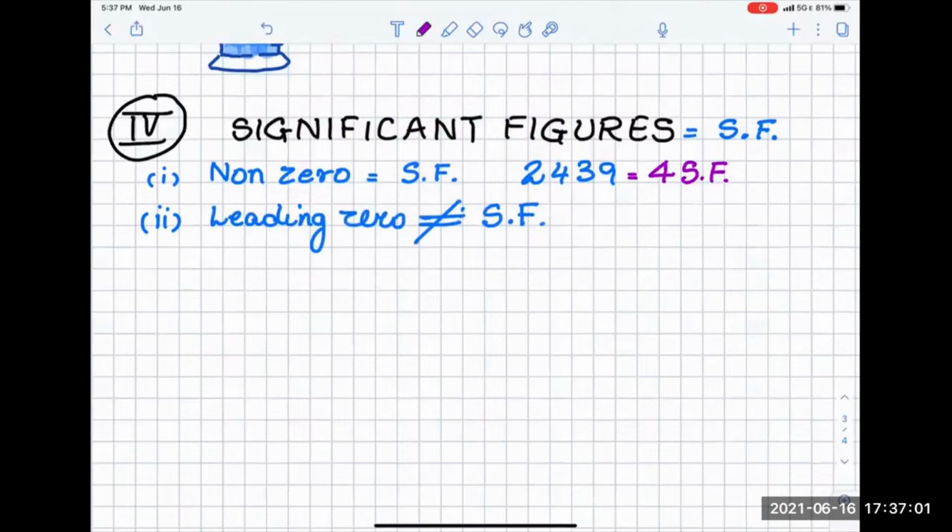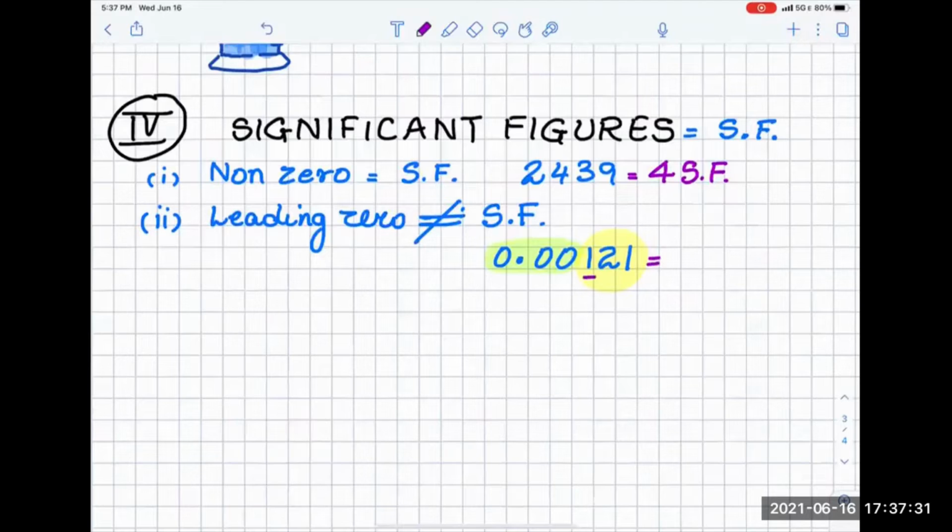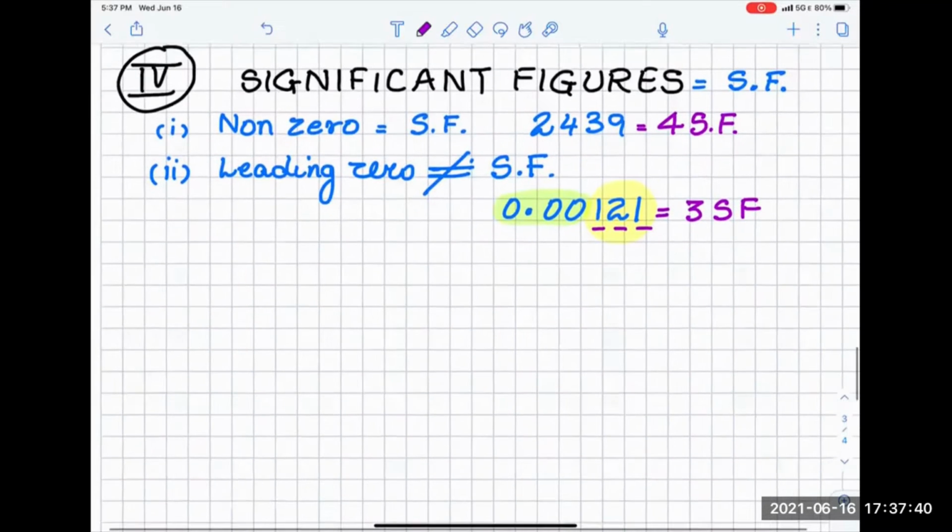So for example, if you have this number 0.00121, in this case the zeros are not important, although they have their own value, because the number can be written in scientific notation. So this is only 1, 2, 1, even though the 1 is being repeated, it doesn't matter. These are the important numbers. So this is 3 significant figures. No matter how many zeros you have in front, it doesn't matter.